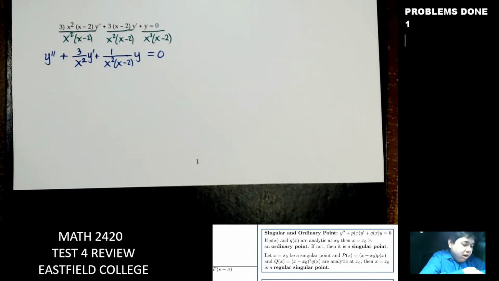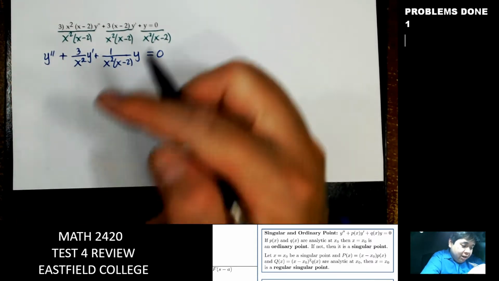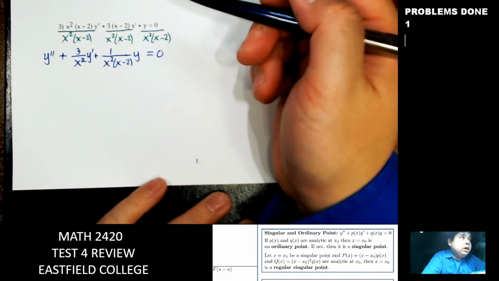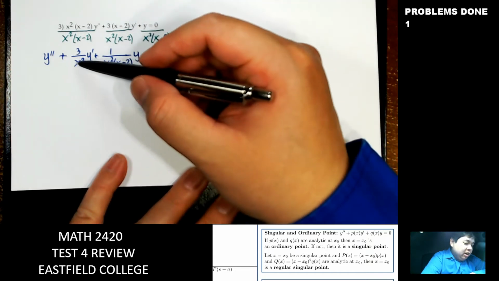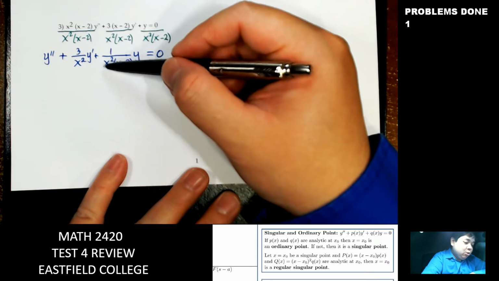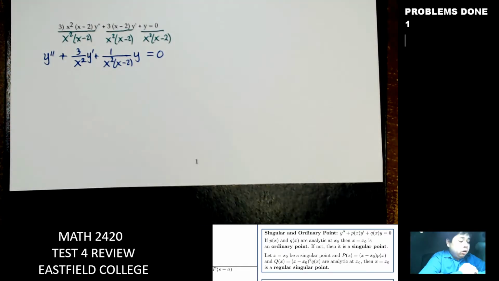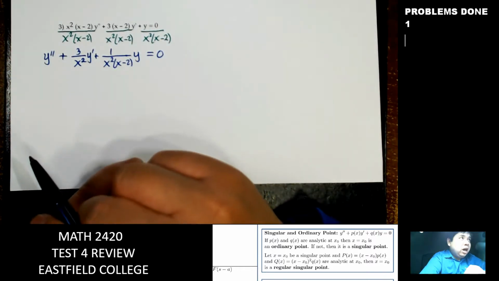That's why we have 3 over x squared y prime and 1 over that y. Now obviously this one is undefined when x equal to 0, and this one is undefined when x equal to 0 or x equal to 2. Those are also the points where the functions are not analytic.